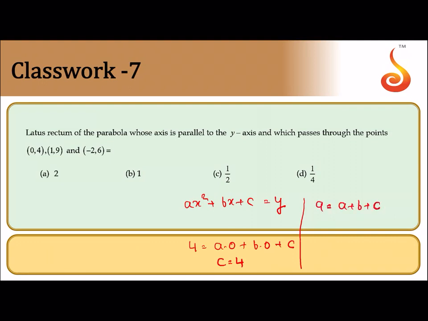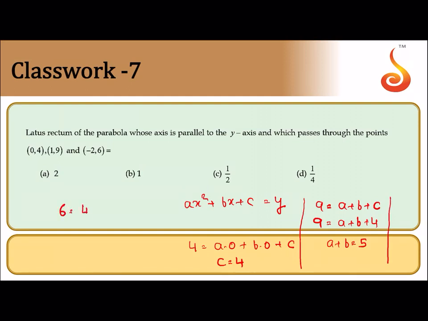Similarly, substituting the other point, 9 is equal to a plus b plus c. We already know the c value, so 9 equal to a plus b plus 4, or a plus b is equal to 5.